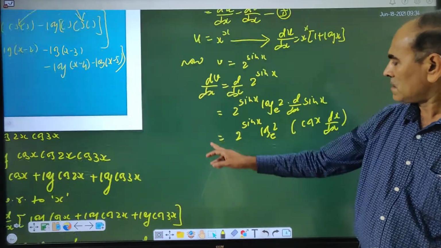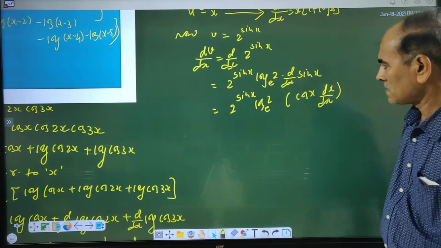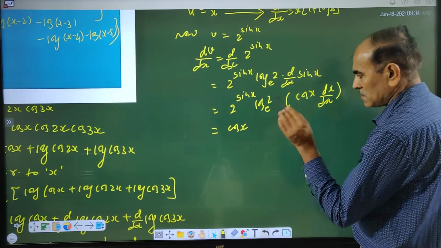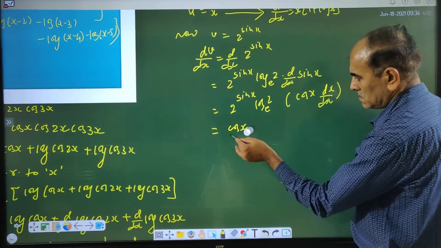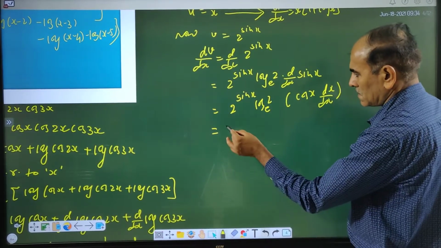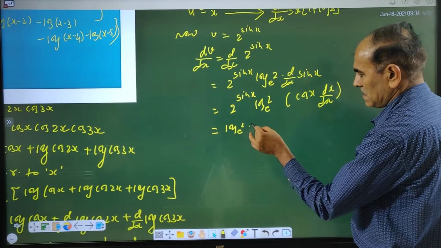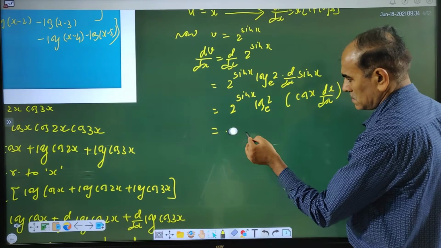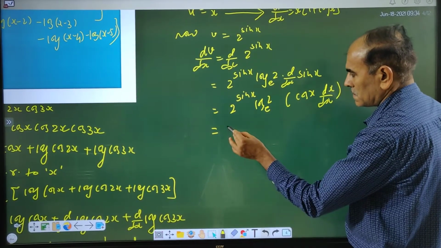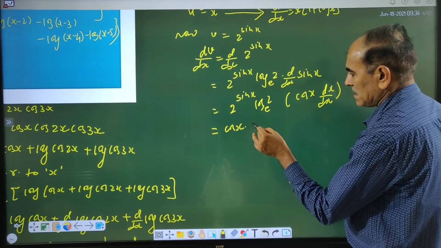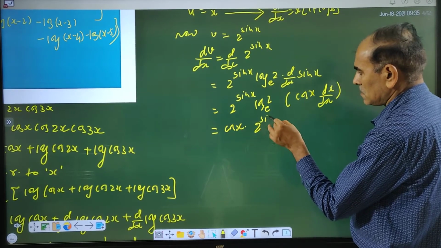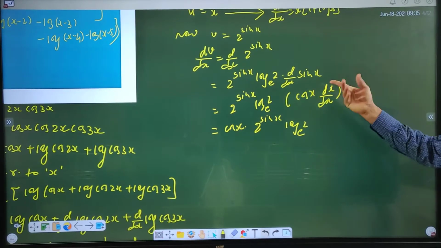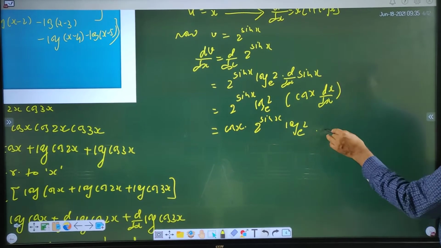So what do we get here? That is equal to cos x, 2 raised to sin x into log 2 base e. And d by dx of x is 1. So result number 2.